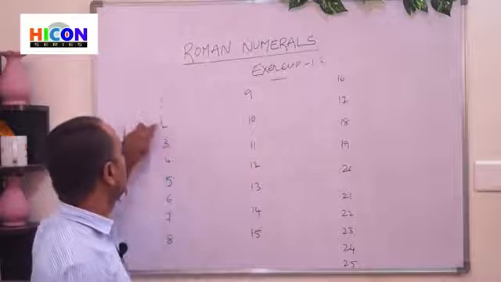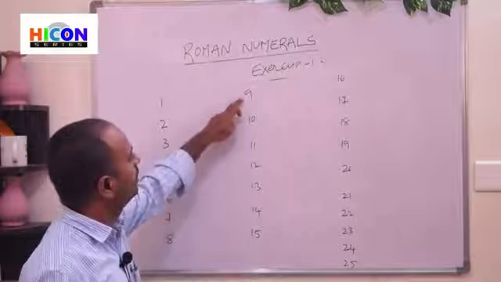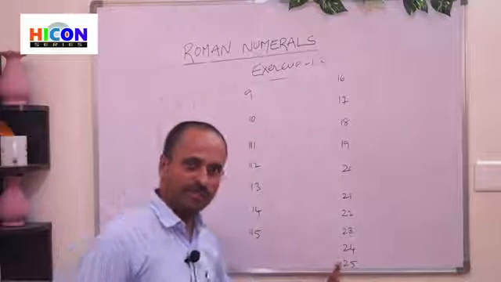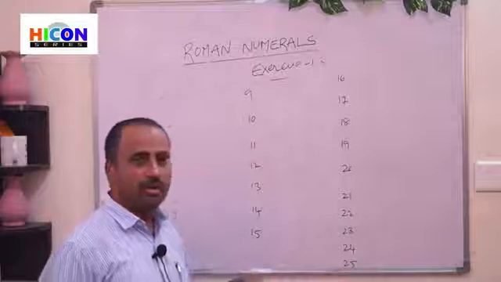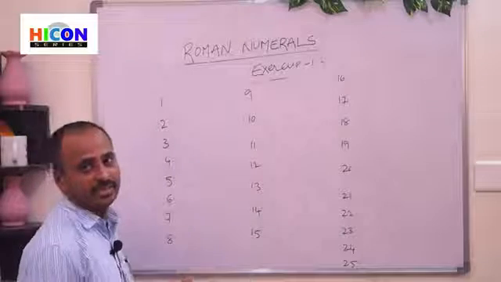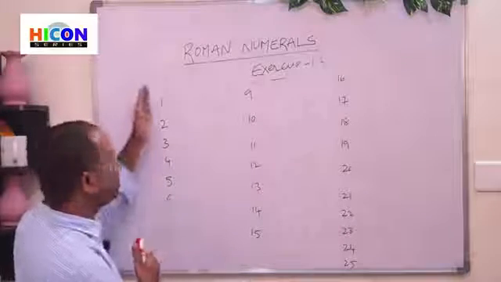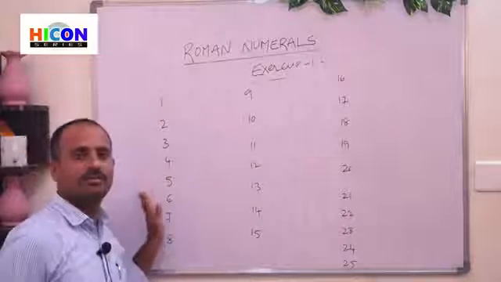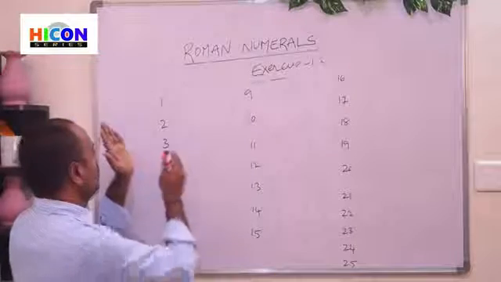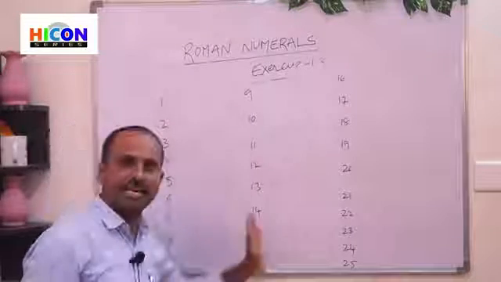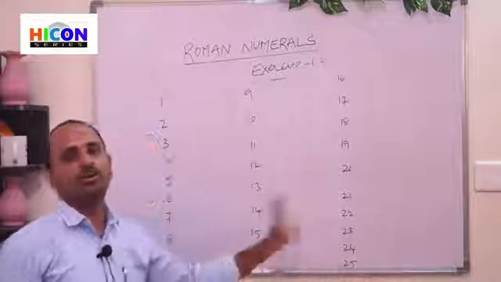I have written the numbers 1, 2, 3, 4, 5, 6, 7, 8, 9, 10, 11 up to 25. Now let us practice how to convert each number up to 39 into Roman numerals.